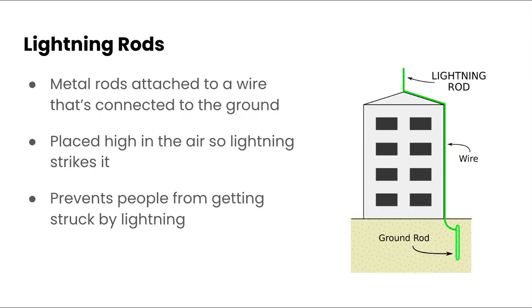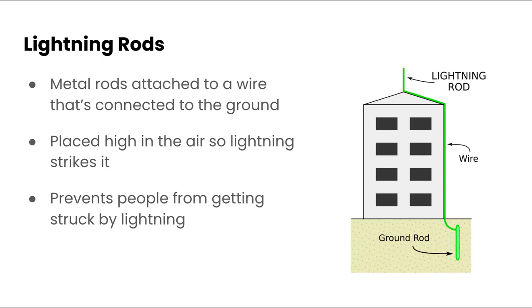Now, a lot of buildings attach lightning rods to protect themselves. These are metal rods that are attached to a wire that's connected to the ground. So they'll put the metal rod up here, and then the green coming down is a wire down to the ground, and usually they use what they call a ground rod.